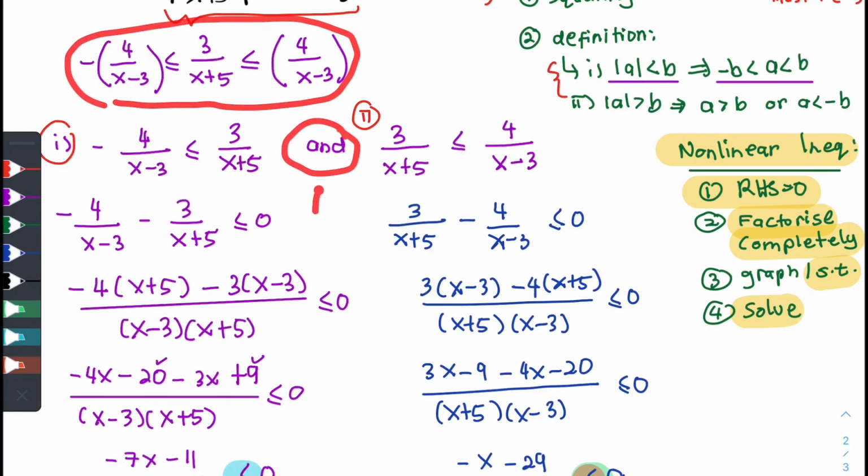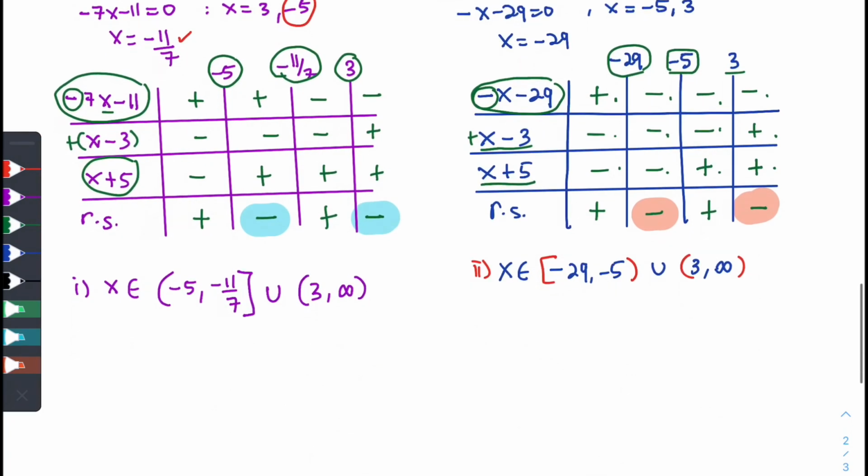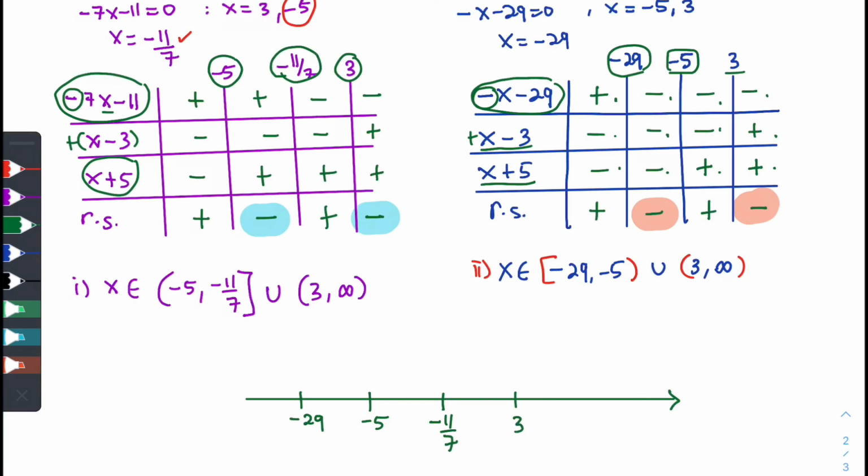For intersection, you need to draw a real number line. So draw your real number line. The smallest number is -29, then comes -5, then -11 over 7, and then 3. The first part's answer: open at -5, closed (solid) at -11 over 7, and then open (hole) at 3 until infinity.